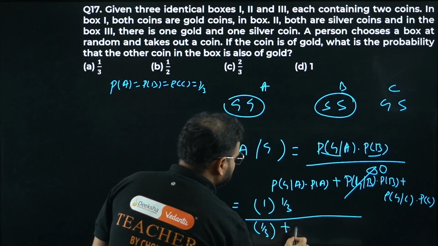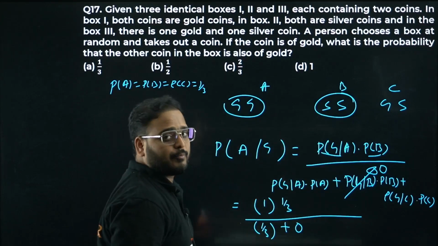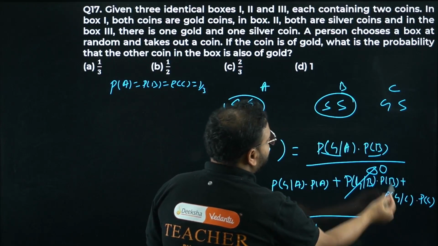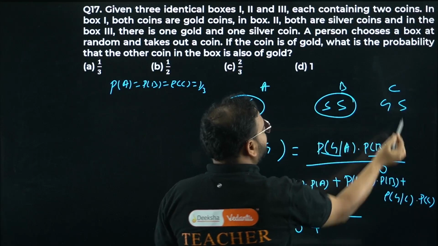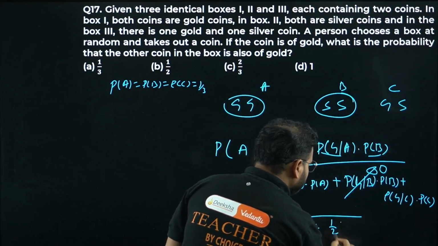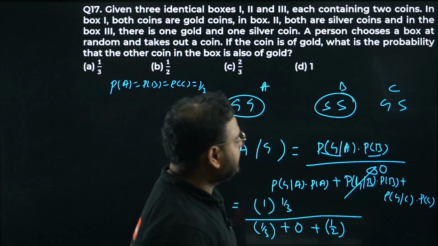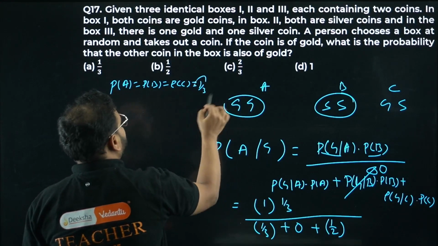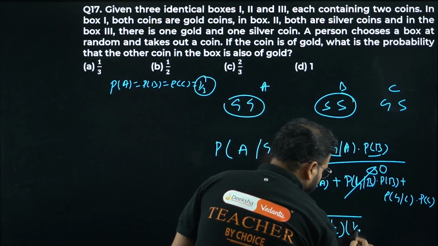This is going to be 0, because picking a gold from the second box is not possible, both are silver. And the last one, picking gold from this box: we have 1 gold and 1 silver, so half a chance. Picking box C will be 1 by 3 chance again.